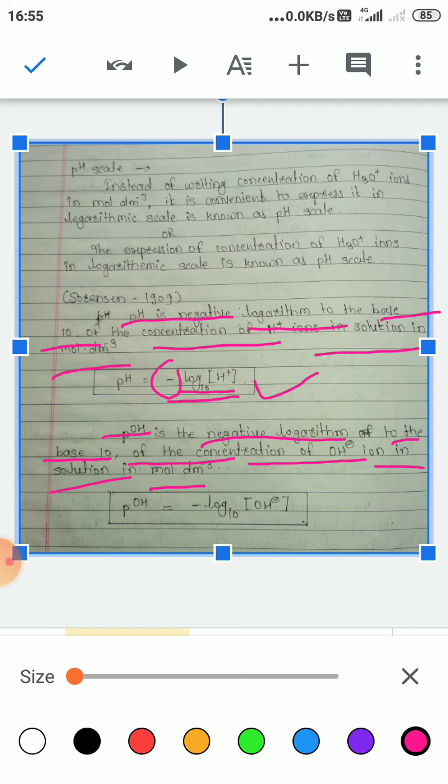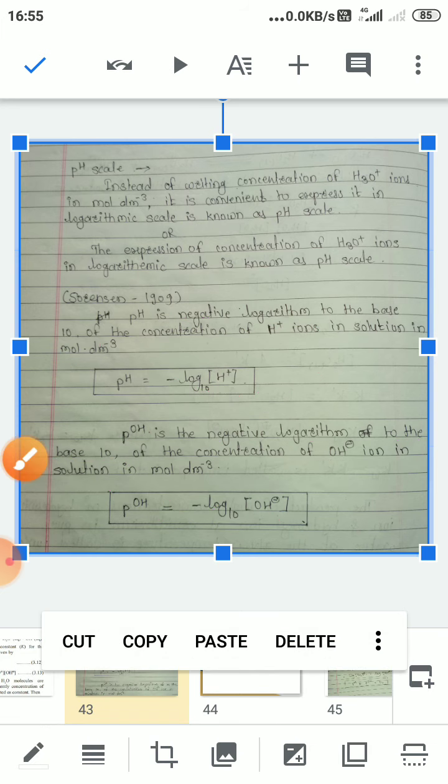Here p means potence and OH means hydroxide ion, so pOH is the potence of hydroxide ion. The equation form is pOH equals negative log to the base 10 of the concentration of OH- ion.